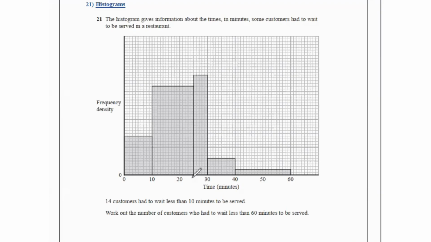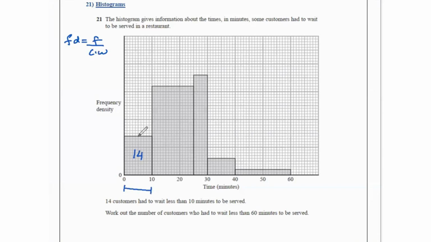Basically, all of the customers are in the histogram. Less than 10 minutes is the first bar, so we have 14 customers here. Frequency density has the formula frequency over class width. Class width is the difference between the intervals of the bar.